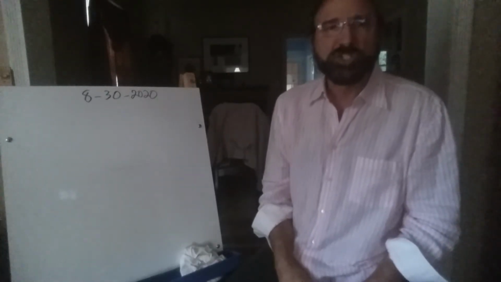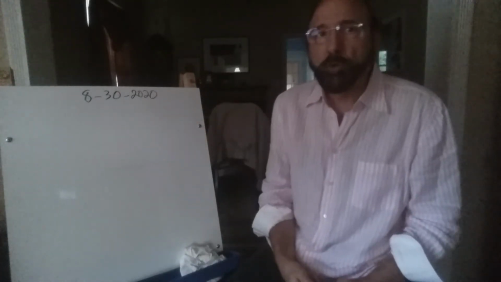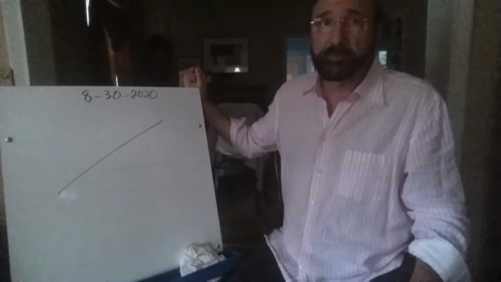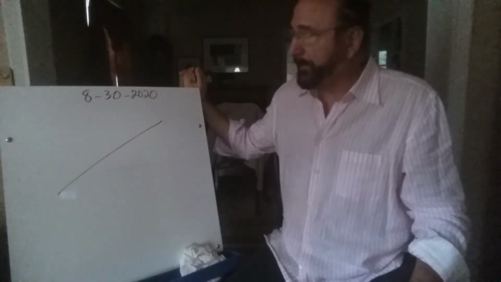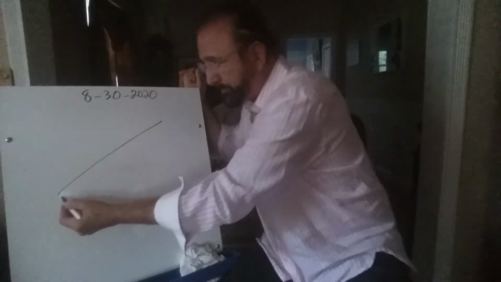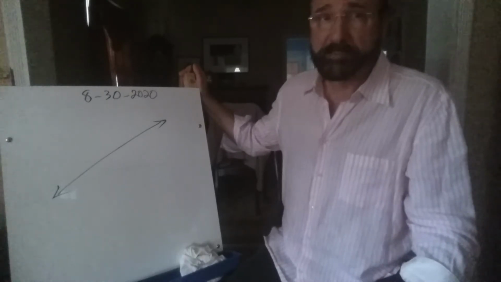We've been talking about slope, steepness, pitch, slant. Remember, slope is not a line. The line has slope. If it's going from left to right like this, it's on the increase. It's positive.